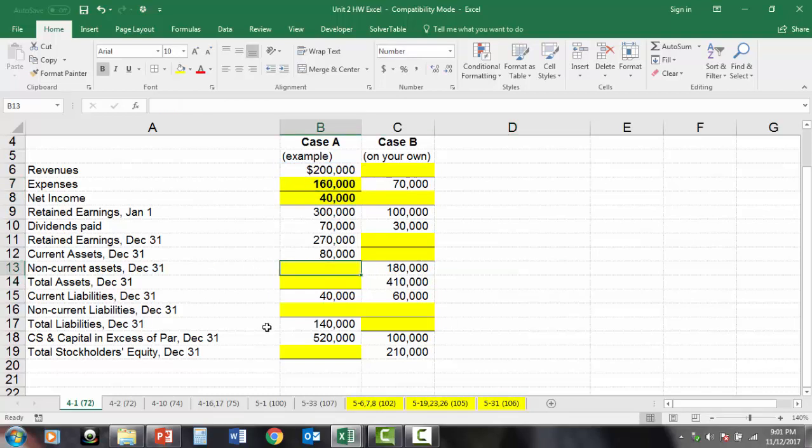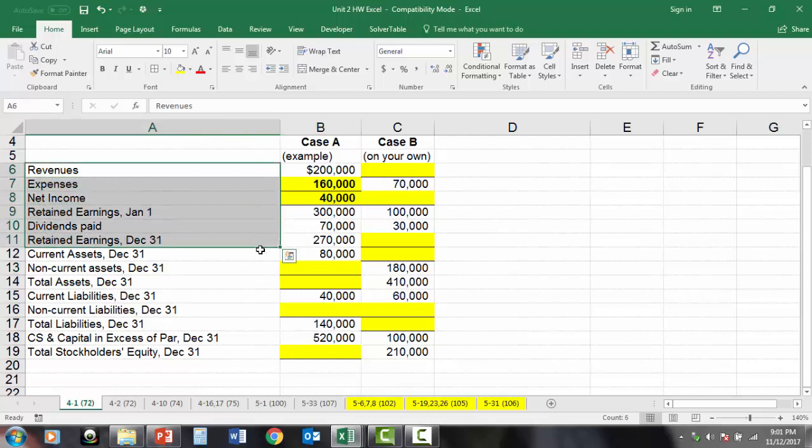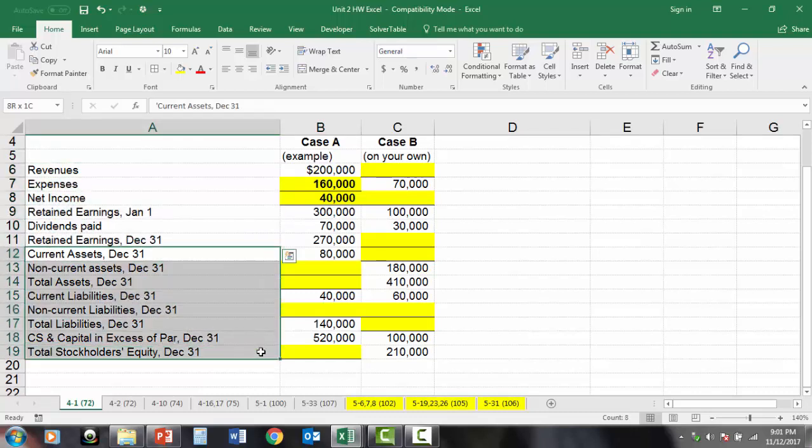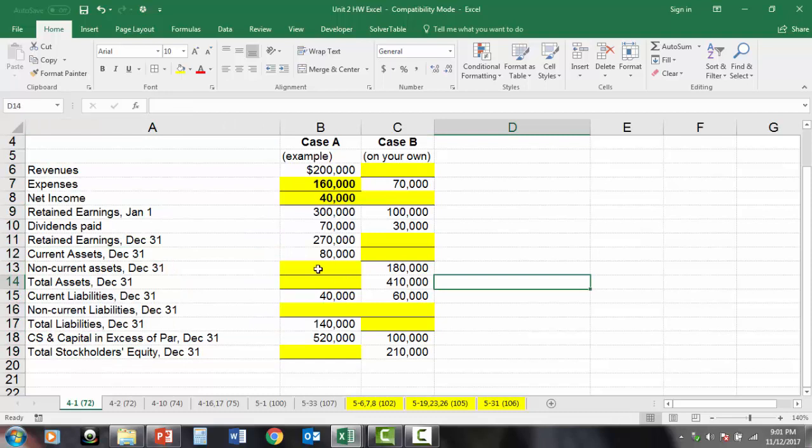Now let's figure out some assets and liabilities over here. Here we've got our income statement items. Now we're dealing with balance sheet items down here. So let's see. My total assets is going to be the sum of my current and non-current assets, but I'm missing two things there, so I have to hold off on that. I know that assets equals liabilities plus equity. So I have current liabilities and total liabilities.